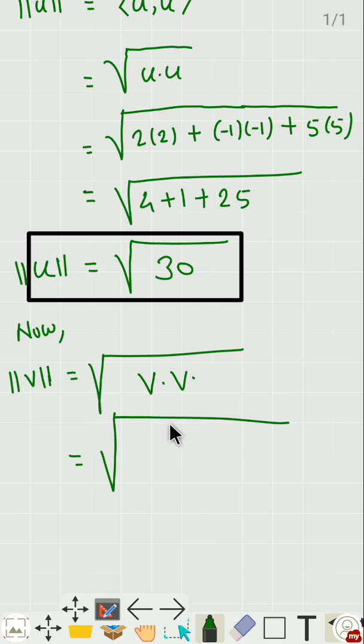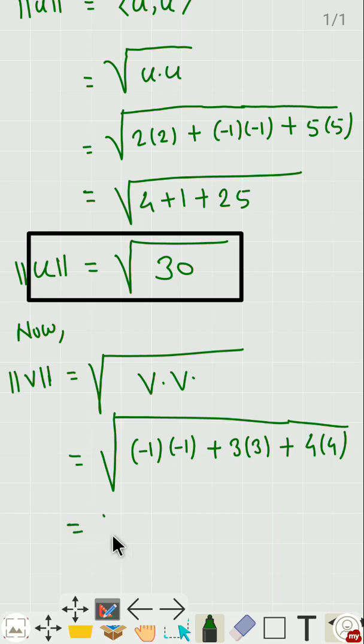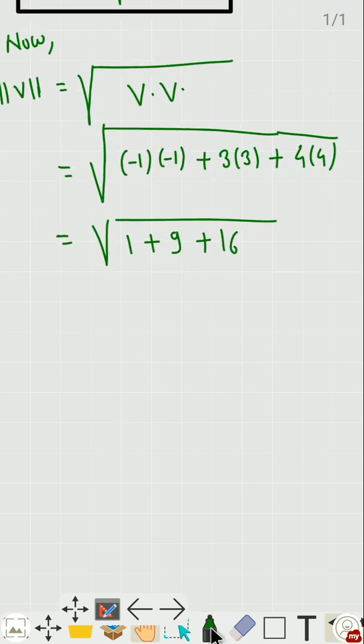We write the dot product: -1 into -1 plus 3 into 3 plus 4 into 4, and it is equal to the square root of 1 plus 9 plus 16, which is the square root of 26. So the norm of vector v is equal to square root 26.